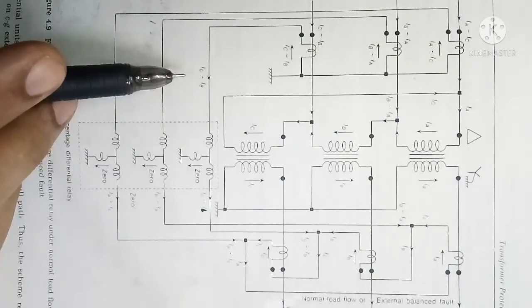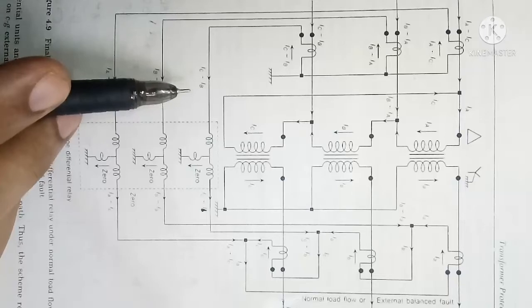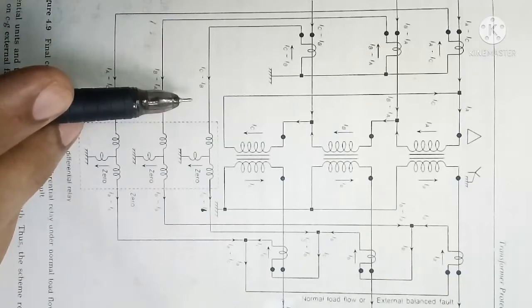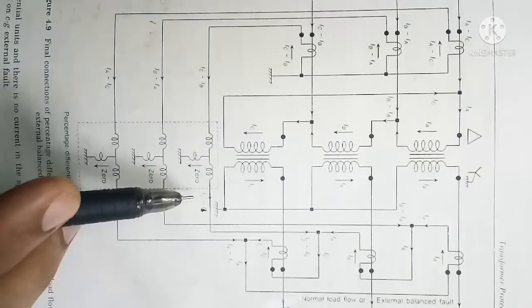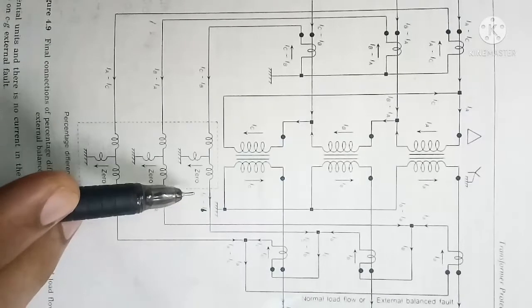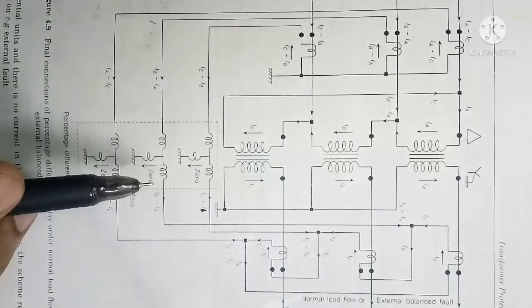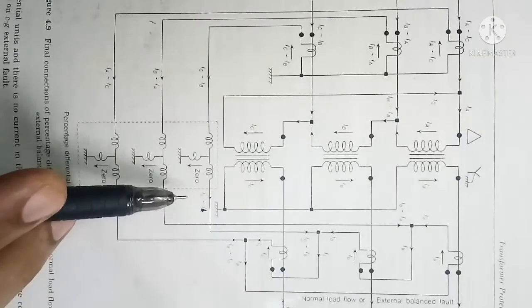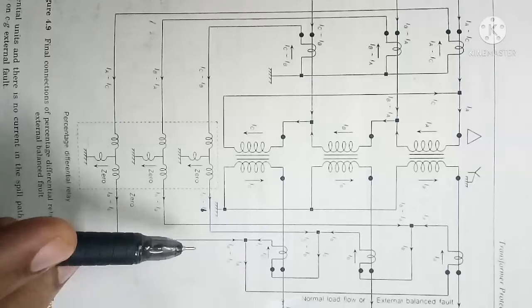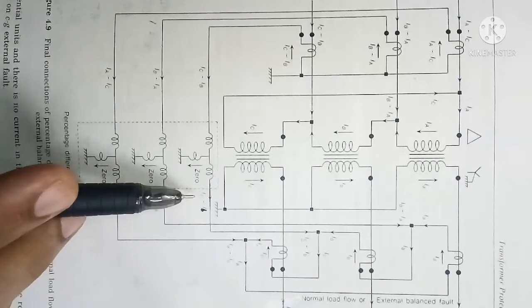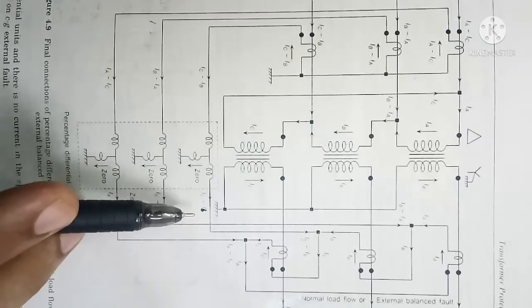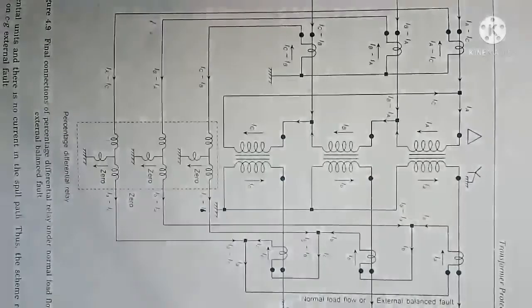Notation for primary currents is capital IC minus capital IB. On the secondary side, the notation for currents is small ic minus small ib, which means that only letter C is small and only letter B is small.